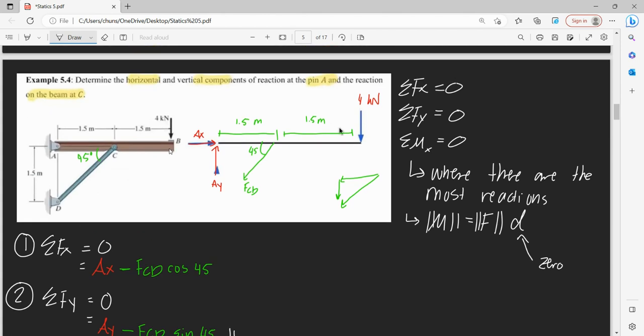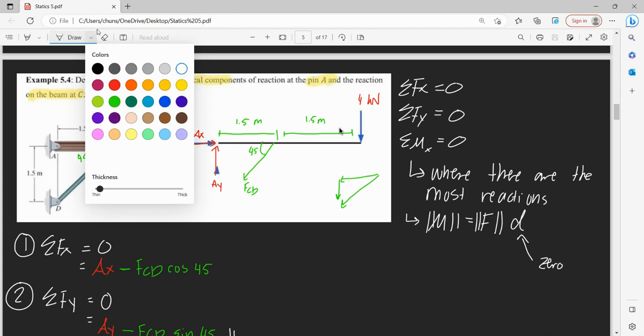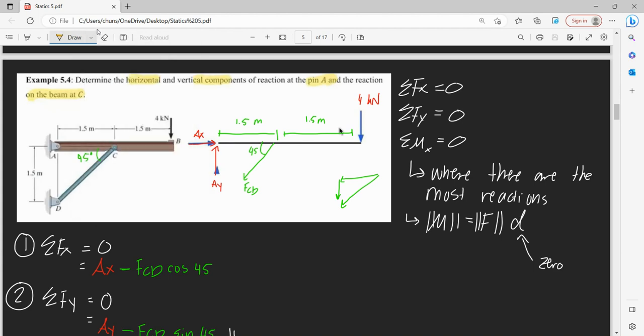So let's look at our diagram and see which one would be the best fit for us. So in this case, I would be inclined to choose point A over here because we have two reaction forces going through that same point. So because of that, because we're measuring at point A, both Ax and Ay are going to be rendered as not contributing to that moment because they are going through that point exactly.